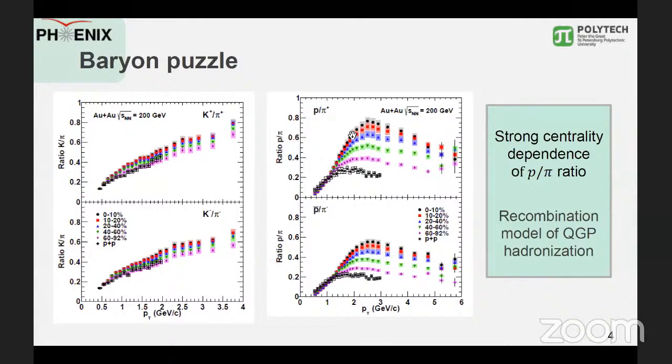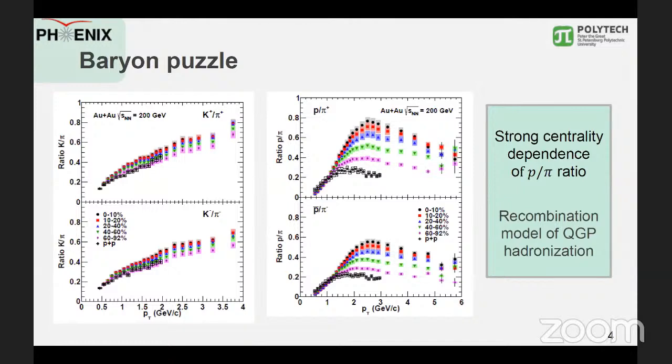Moreover, the value of the proton-to-pi ratio in gold-gold collisions increases with the size of the nuclear overlap region, which is usually characterized by the centrality and the number of nucleons participating in the interaction, N part value. The larger the N part value, the more central the interaction of the two nuclei.